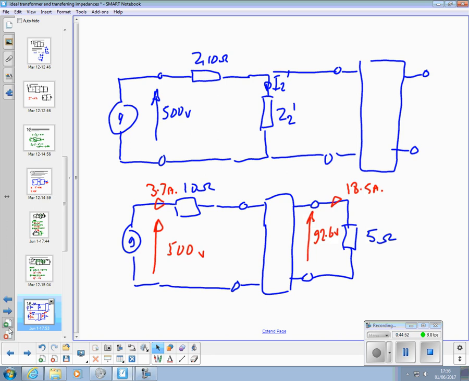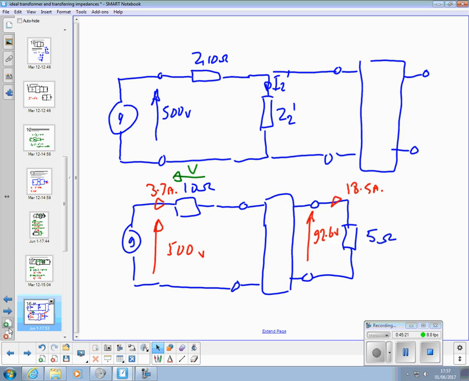So where in that model has the 7.4 volts gone? Volt drop across there.